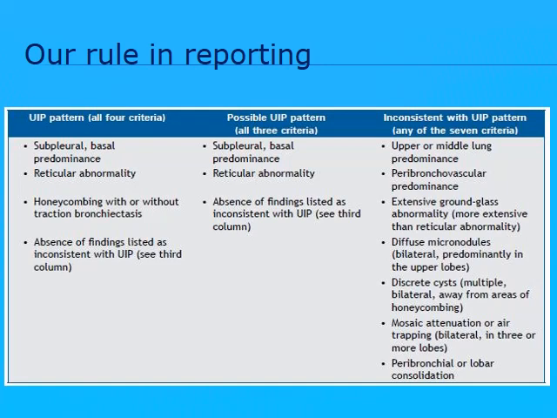For a UIP pattern, we should have all these four criteria. The distribution is subpleural basal predominance. The main pattern of interstitial disease is reticular. Honeycombing must be there with or without traction bronchiectasis, and absence of the features that are inconsistent with UIP.